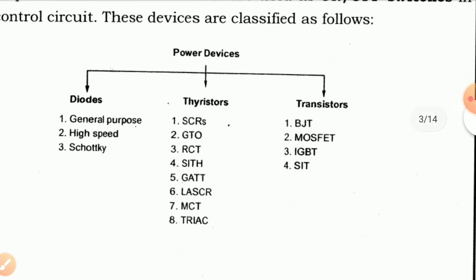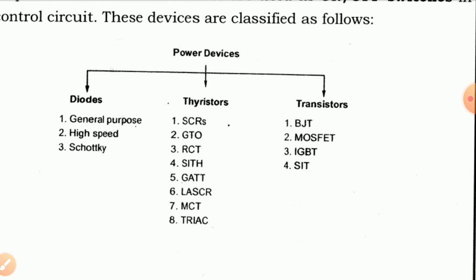SCR is silicon controlled rectifier, GTO is gate turn off thyristor, SITH is static induction thyristor, LASCR is light activated silicon controlled rectifier, MCT is MOS controlled thyristor, and triac is triode for alternating currents. Many more types of thyristors are there. The detailed classification, constructional features and characteristics of these thyristors we will study in the third module. Let me move to the next.